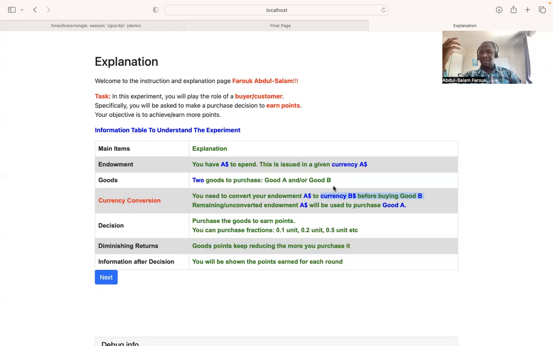So an example here, think of yourself as maybe being a Ghanaian. You have some cedi in your wallet, you would like to go buy some stars in Nigeria.